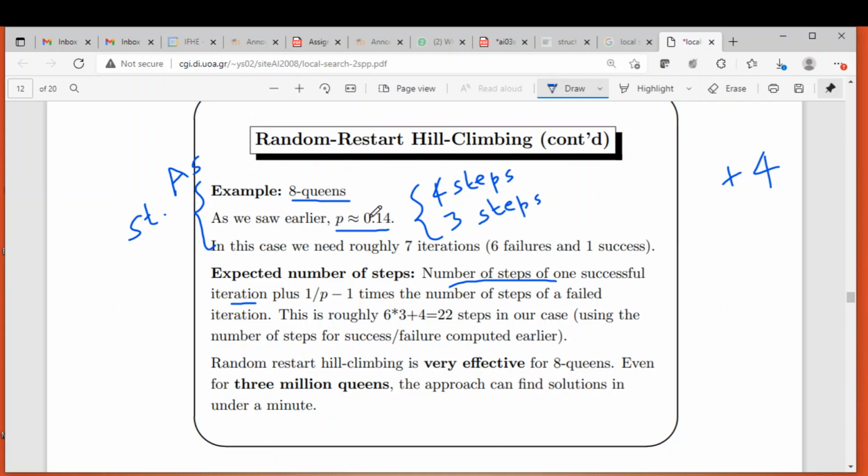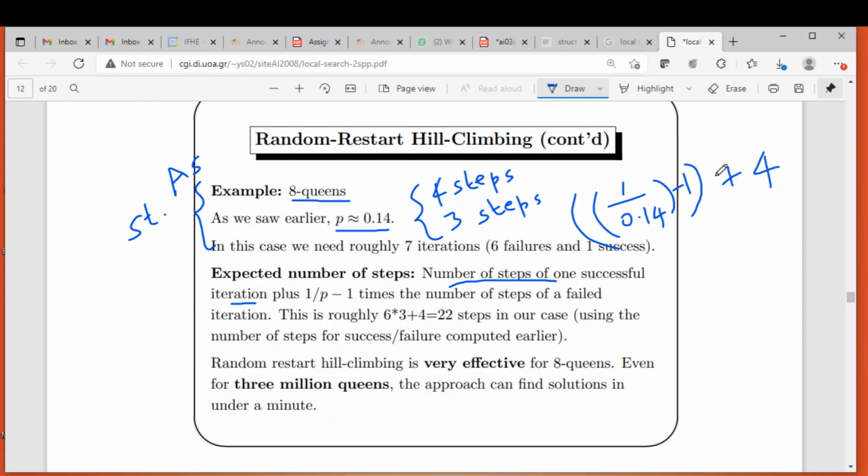Okay. So p is this probability. So it is 1 by p. So 1 by 0.14, because in this case the probability of success is 0.14. So it is 1 by 0.14 minus 1, into the number of steps required whenever it fails.